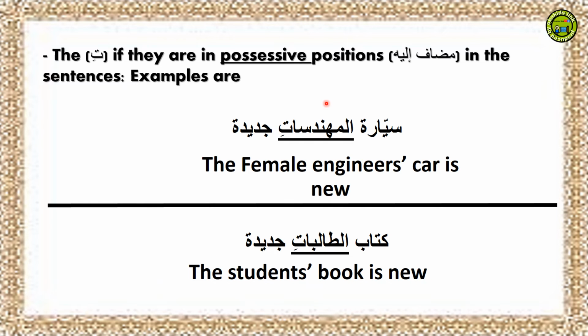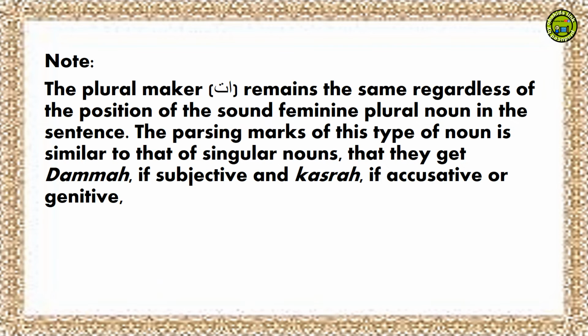So the possessive noun here is المهندسات and الطالبات. The plural marker alif and ta remains the same regardless of the position of the sound feminine plural noun in the sentence. The parsing mark of this type of noun is similar to that of singular nouns, that they get dhamma if subjective and kasra if accusative or genitive.